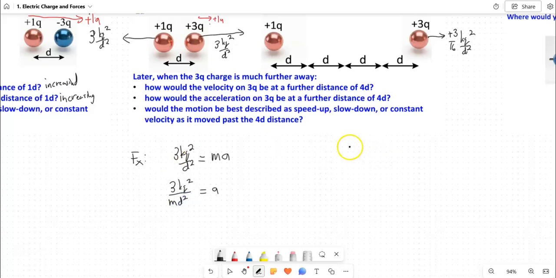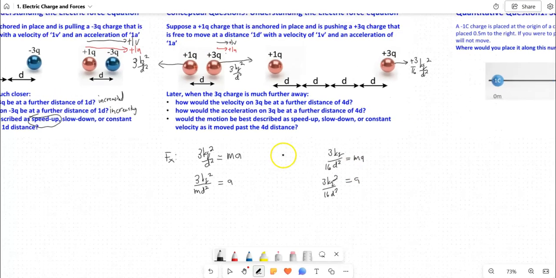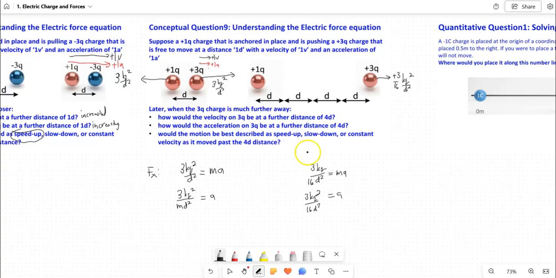Over here, this will be 3kq squared over 16d squared, which is equal to mass times acceleration. So its acceleration is going to be 3kq squared over 16 md squared. So this acceleration vector is going to be smaller in size. So the acceleration vector is going to decrease in size.